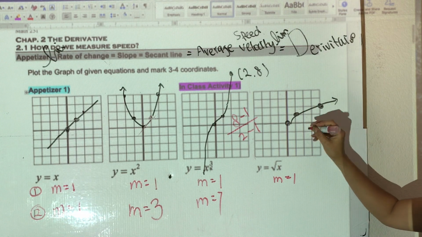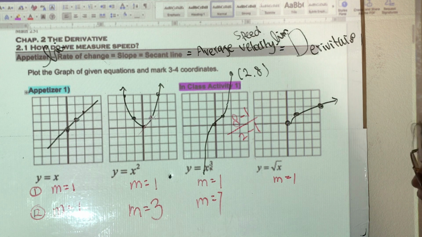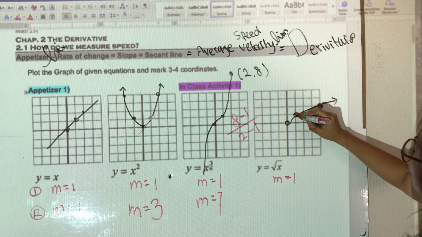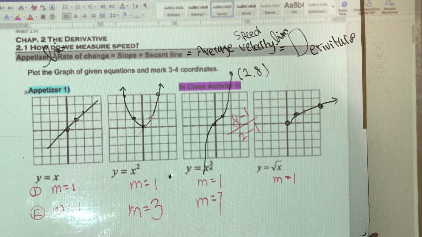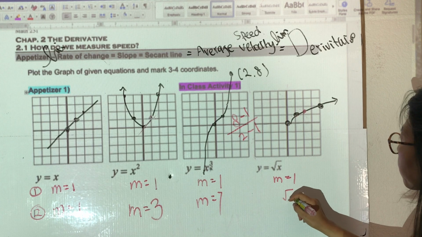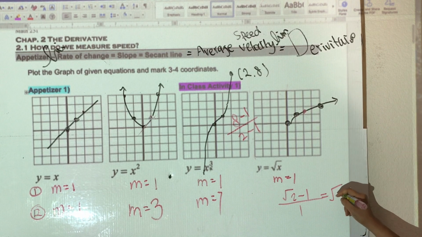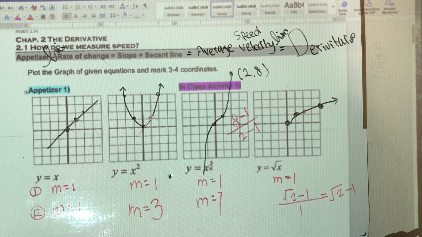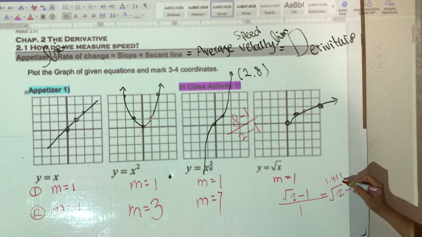Next one, if I want to find the slope with these 2 points, oh, I said point 0 and 1, right? So it's 1 and 2. So in this case, 1 and 2 is going to be square root of 2 minus 1 over 1. So I get square root of 2 minus 1, where square root of 2 is about 1.414.